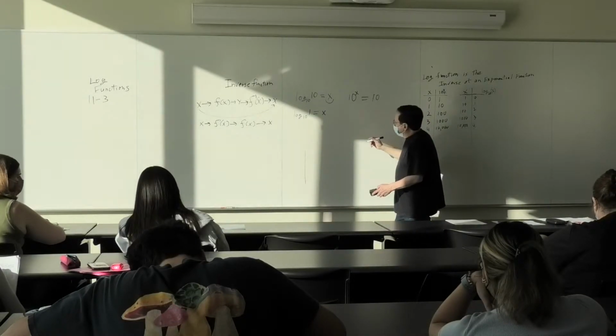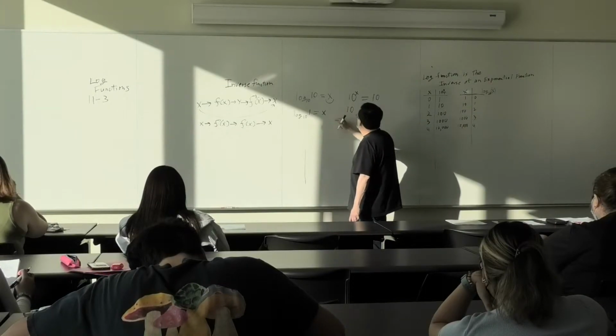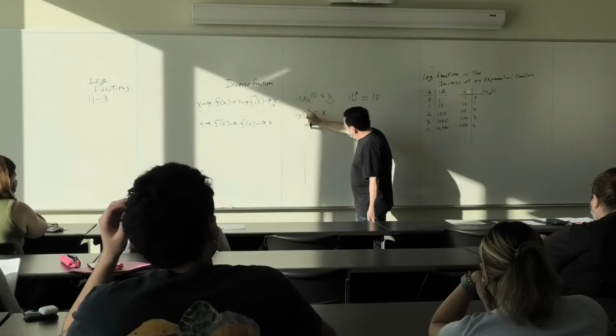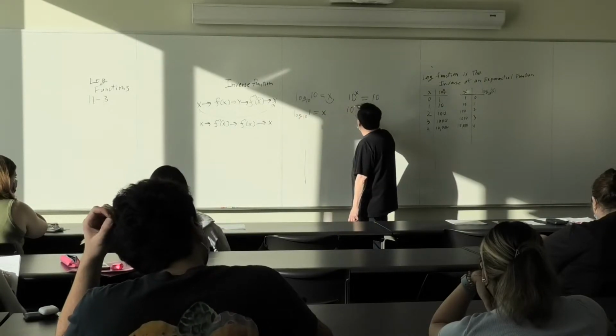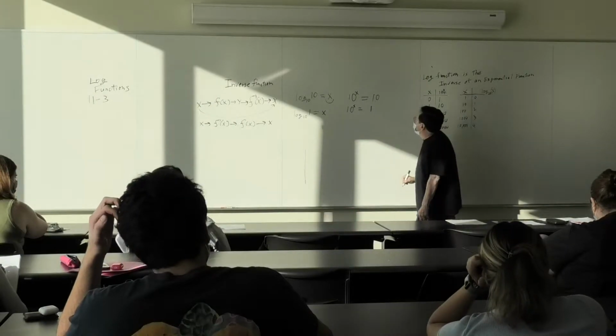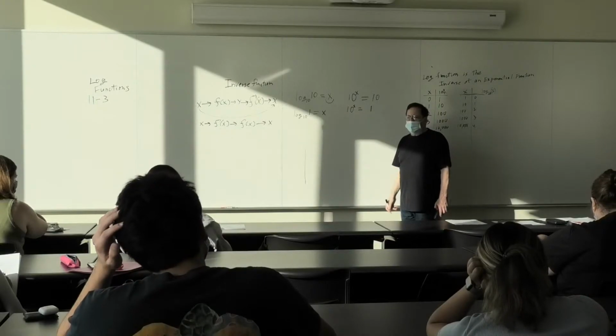I'm going to rewrite that. Here's my base, 10. There's my exponent. Yes, the log is an exponent. 10 to the x equals 1. Does everybody see what x has to be right away? It has to be 0.